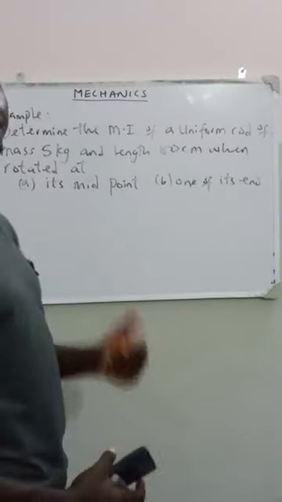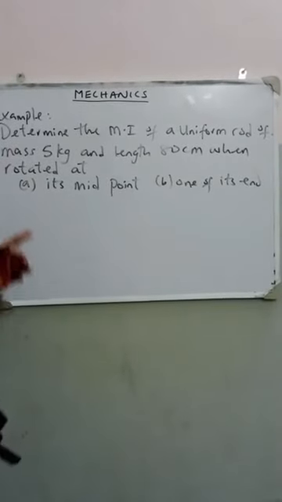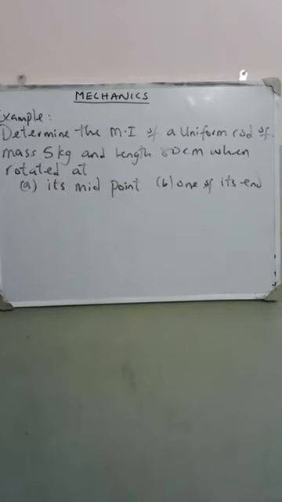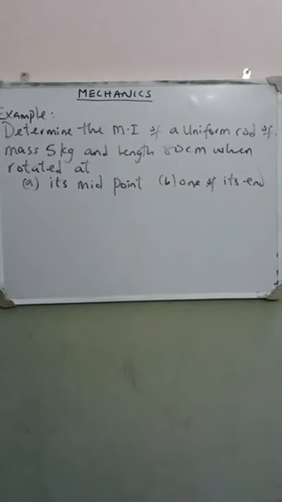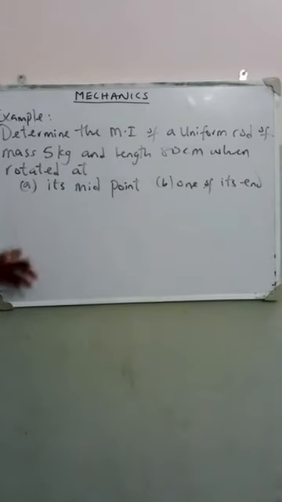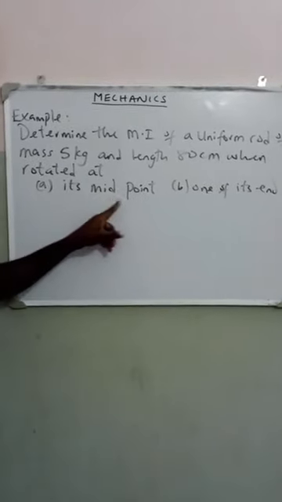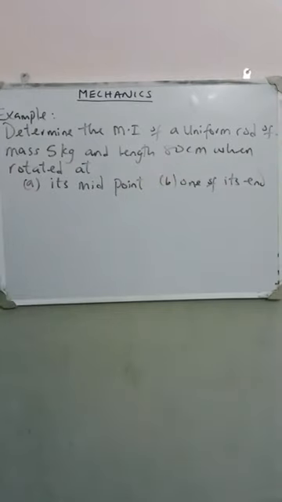Okay, so let's quickly look at this example. Determine the moment of inertia of a uniform rod of mass 5 kg and length 80 centimeters, when rotated at, first, its midpoint, and second, one of its ends.